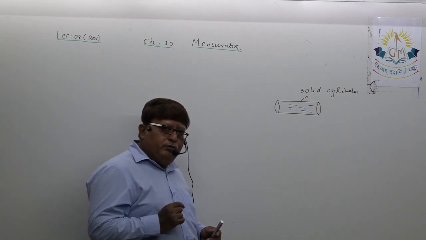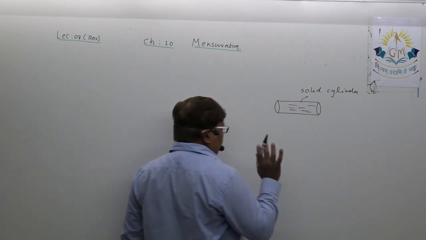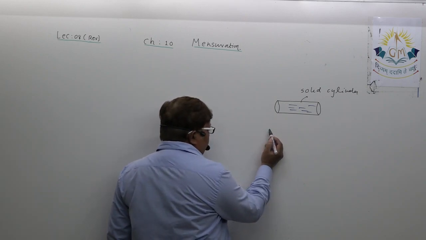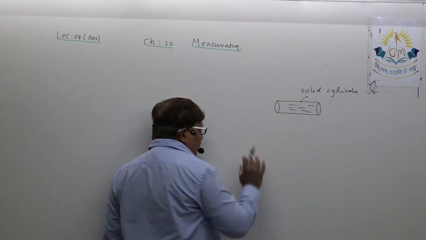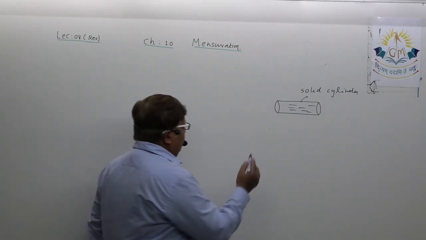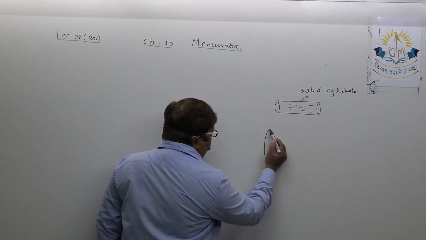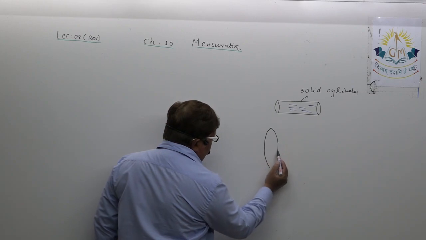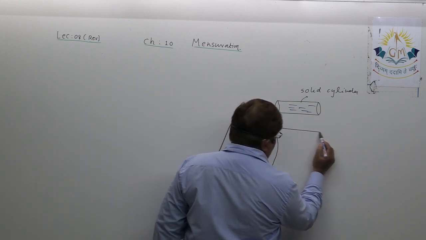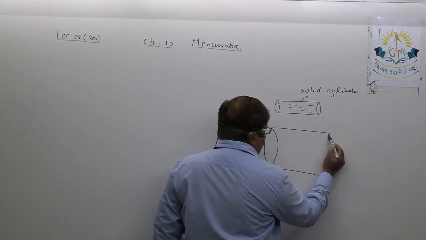But dear student, suppose I want to highlight one very important point. Suppose I saw a cylindrical pipe, a water pipe, if you know. Just try to understand, dear student. A cylindrical water pipe I am showing to you.